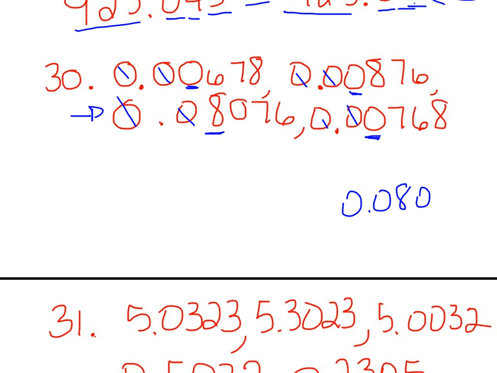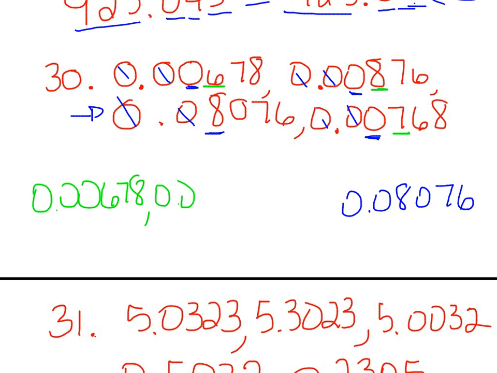Now, if I look at these other ones, I see a 6 here, an 8, and a 7, and I can just order those now. So I'm going to go 0.00678, then 0.00768, and then 0.00876.